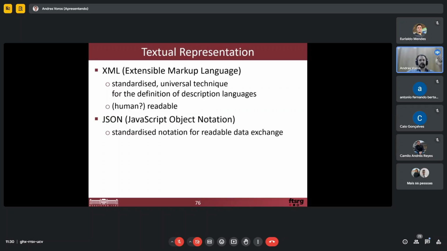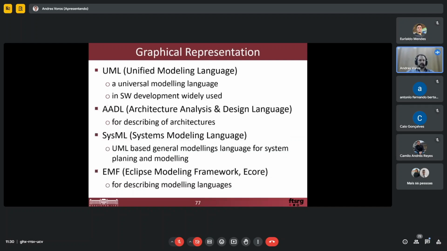XML and JSON, as I mentioned, are standardized universal techniques for the definition of description languages. They are human readable. And as I mentioned, UML is the Unified Modeling Language, a universal modeling language for software development, and SysML is a UML-based general modeling language for systems engineering. Actually, the next version will not be built on top of UML anymore.